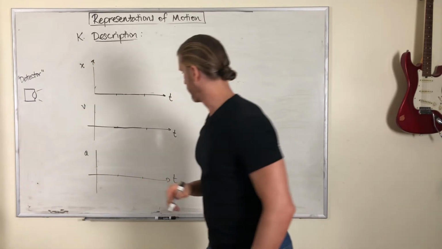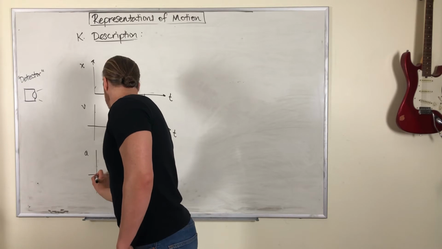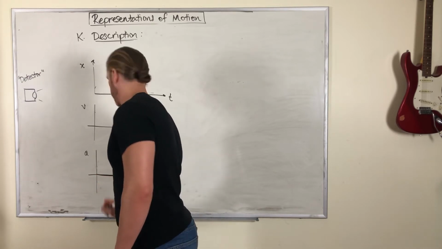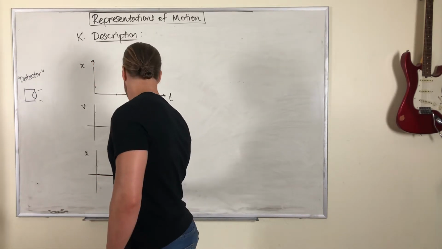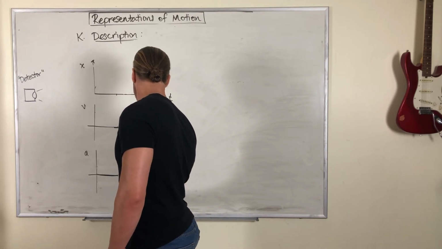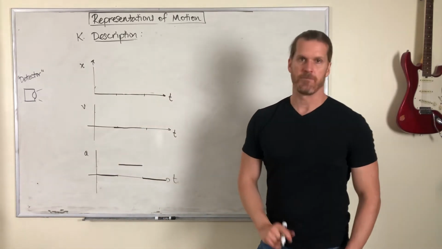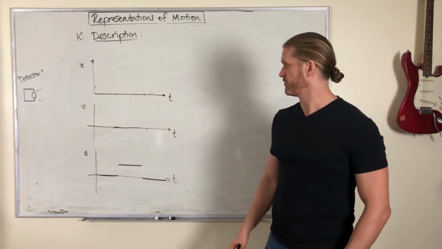So let's mark them on all these graphs. This is saying the acceleration is 0 up to a certain time, at which point it suddenly jumps to a constant positive value, and then at a later time it goes back down to 0.